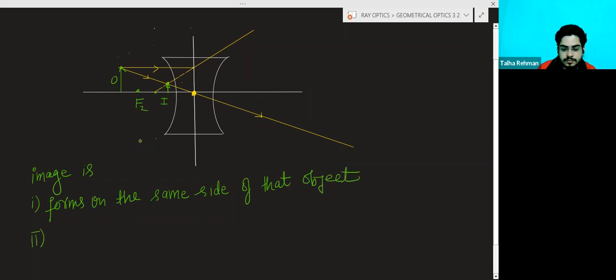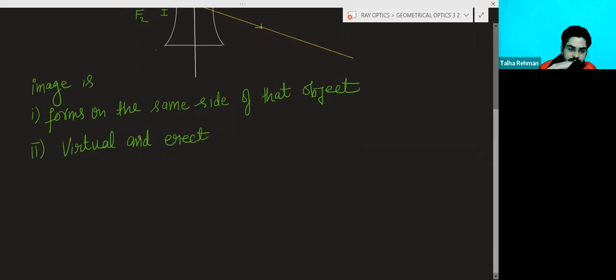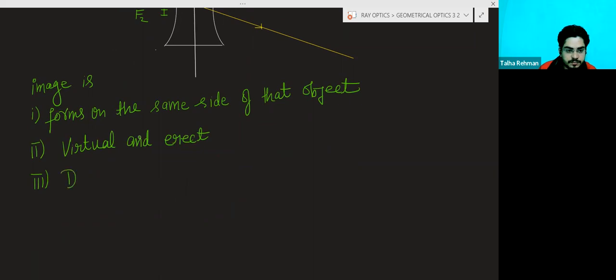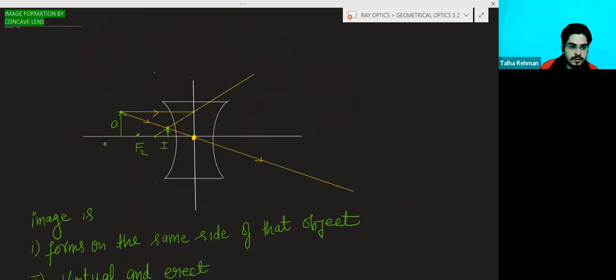Number two, virtual and erect. Number three, it will be diminished. Okay. So this is case number one, when the object is at any position except infinity.